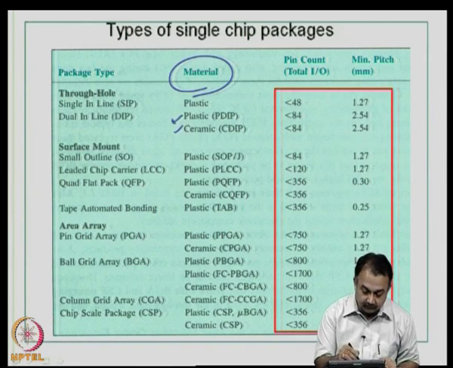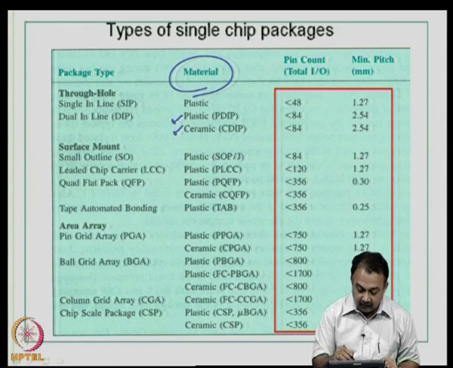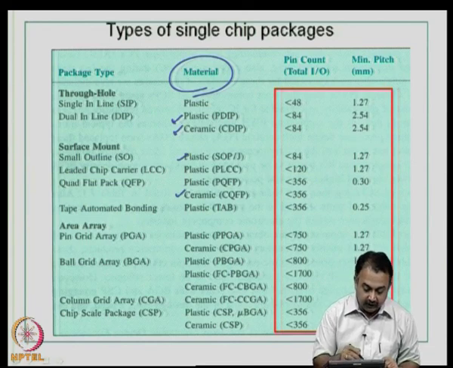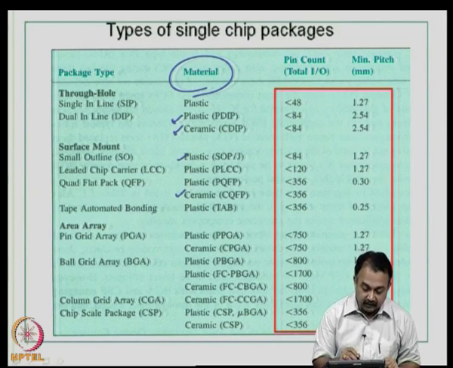Okay. Then you have surface mount technology, where you have different types, and again the types of materials that are used are either plastic or ceramic. You have small outline package, leaded chip carriers LCC, quad flat pack and tape automated bonding tab package, which is again a surface mount methodology.